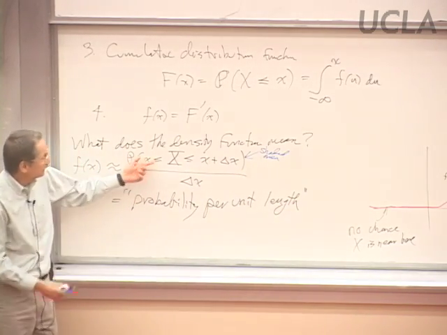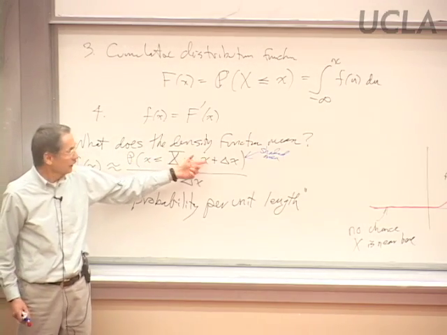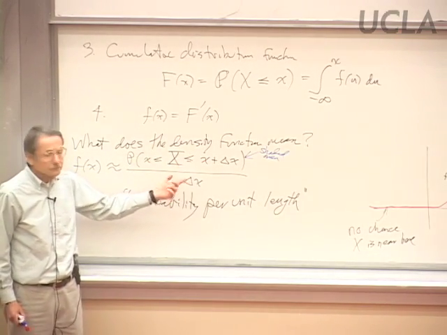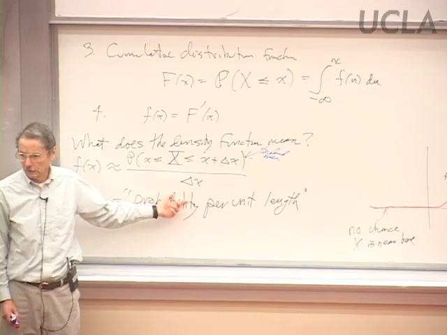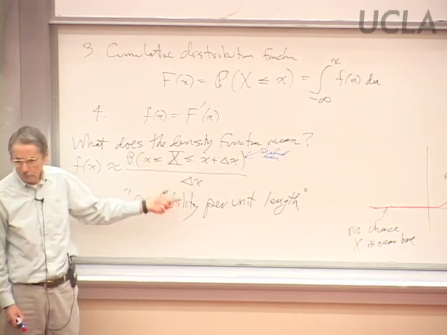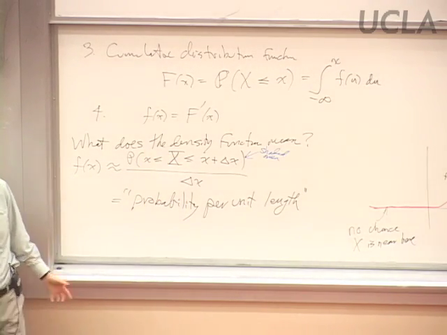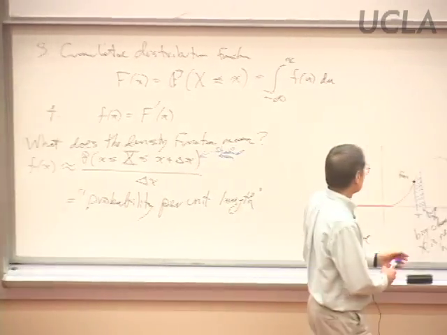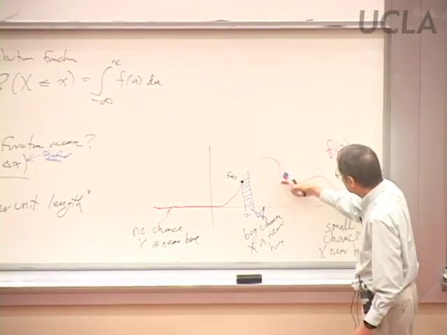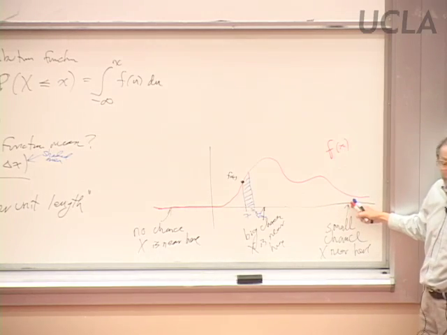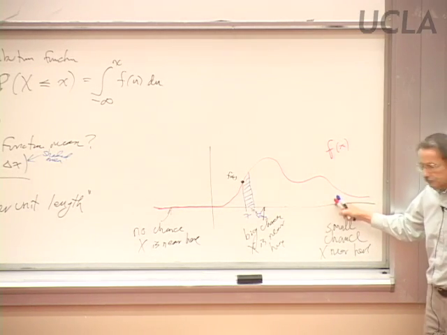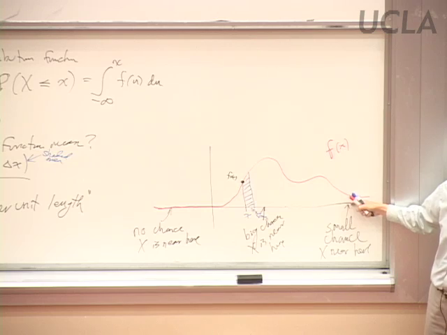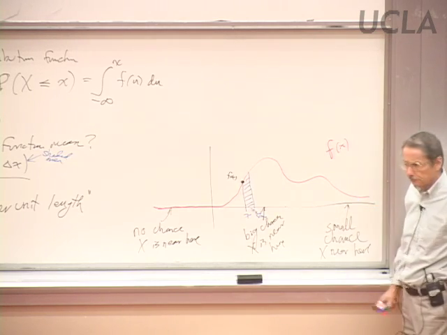It's the probability of being in this little interval divided by how long that interval is. A probability per length. So that's what we're saying over here. Where the density is small, the probability per unit length here is small.